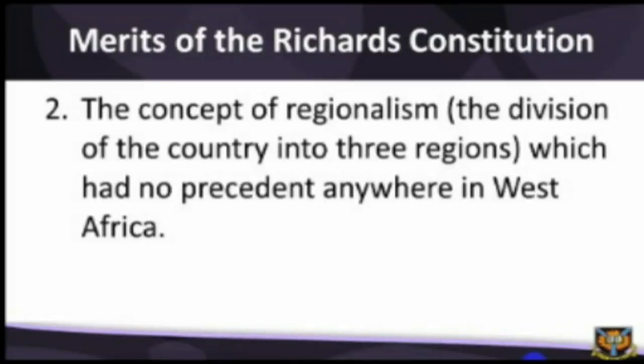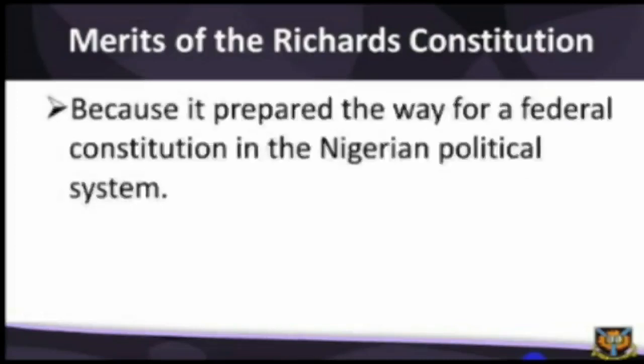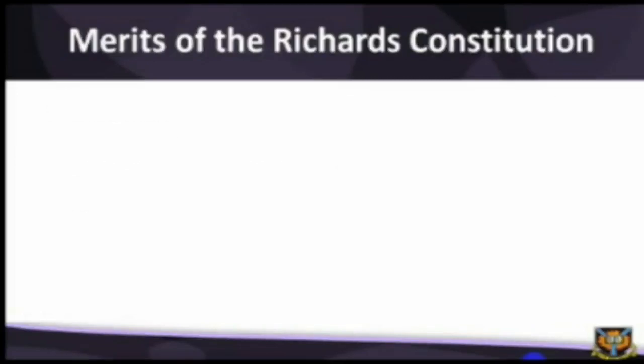Another unique aspect of the Richards Constitution was its concept of regionalism, that is, the division of the country into 2 regions, which had no precedent anywhere in West Africa, because it prepared the way for a federal constitution in the Nigerian political system.